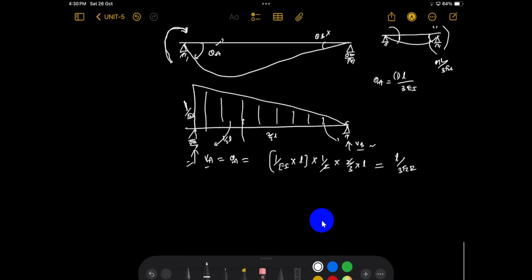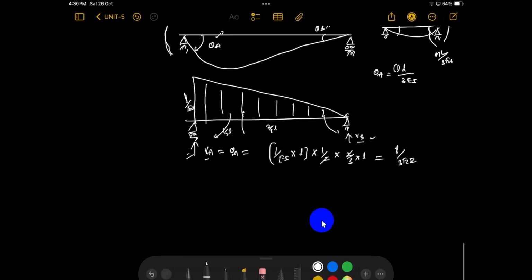So now we come to the flexibility matrix. What is the flexibility matrix equation? Final displacement equals flexibility multiplied by force plus free displacement.